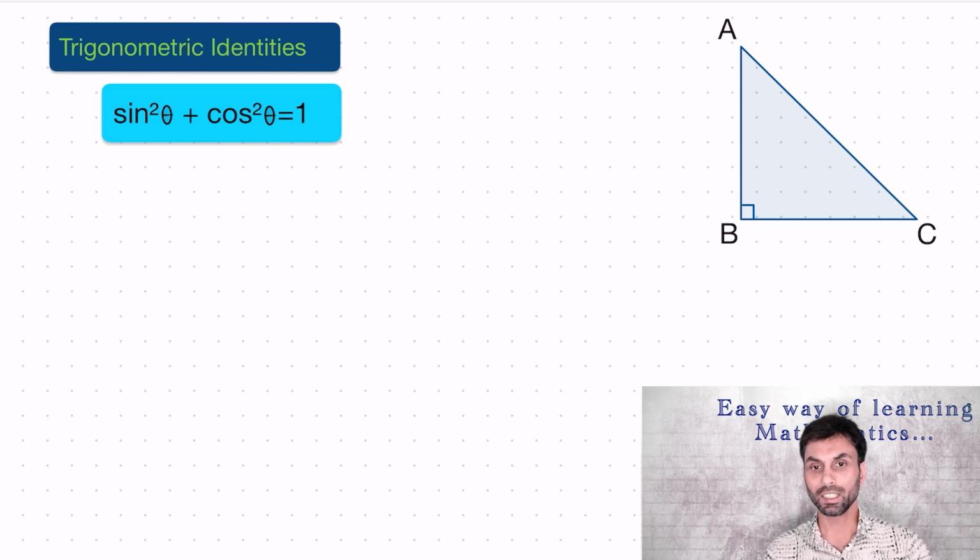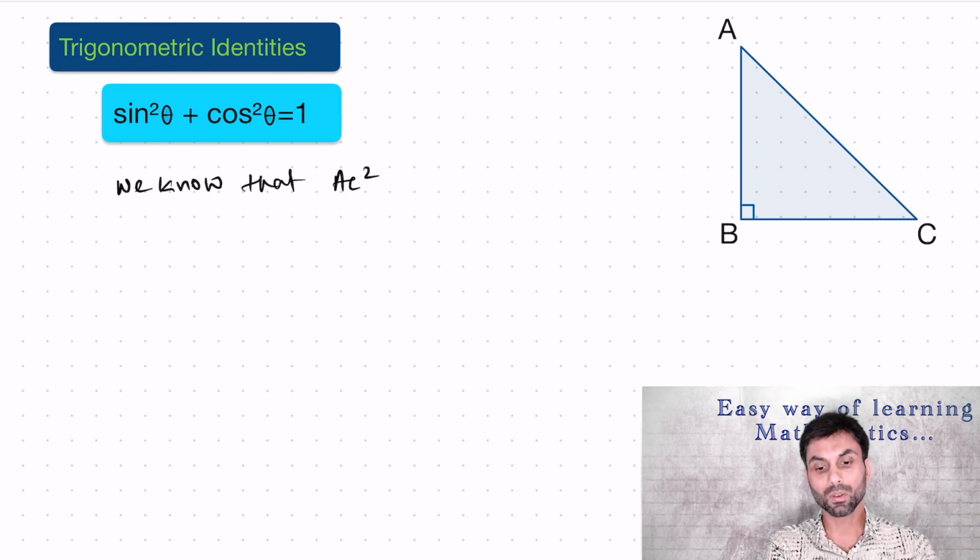Let's start with the first identity, which is sin square theta plus cos square theta is 1. Now, if you want to prove how we get the value of sin square theta plus cos square theta as 1, then we'll draw a triangle ABC and use Pythagoras theorem. So here we know that AC square equals AB square plus BC square.